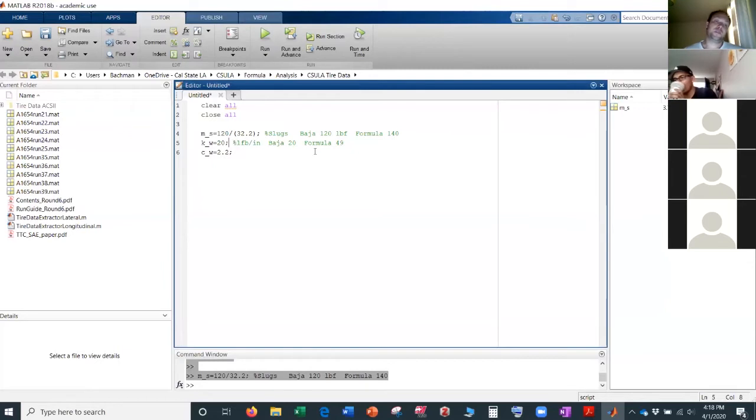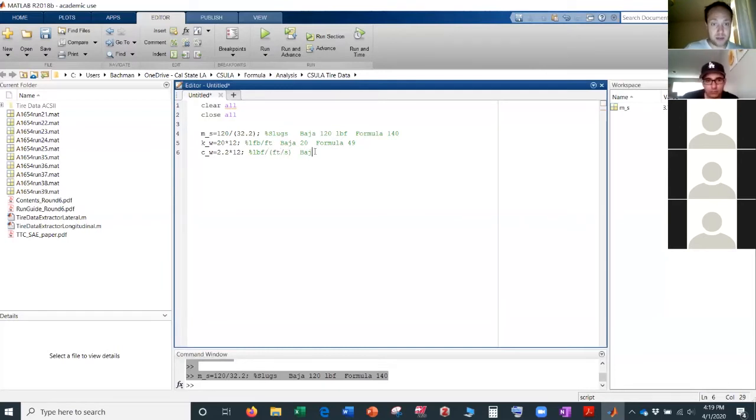So we're going to say this is 20 times 12. We'll just put it in, and so you can see it's got times 12. So this is pounds force per foot when it goes in. And this will be times 12, in pounds force per feet per second.